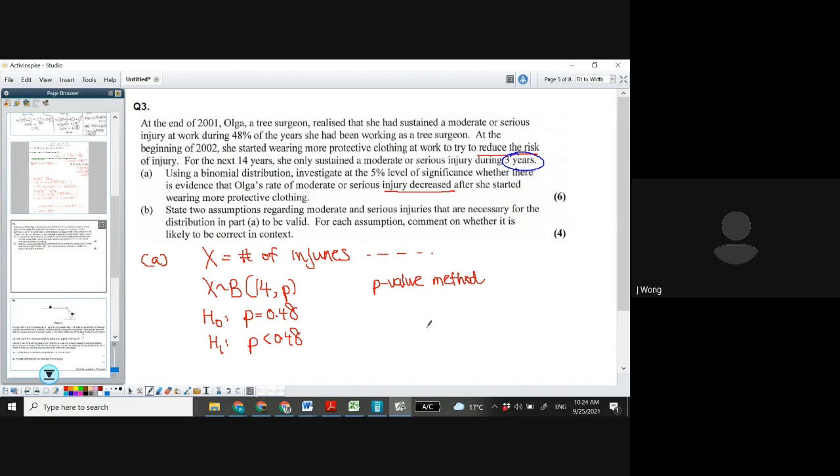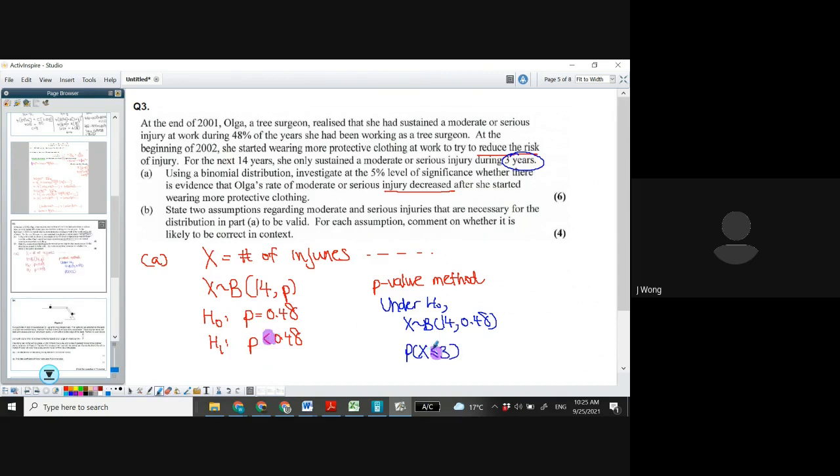And since this is a lower tail, we're just going to work out anything less than or equal to this number. So p-value stands for probability value. So the probability that we have under H naught, which means I'm going to substitute p as 0.48 into this model. We'll say X is binomially distributed with 14, 0.48. I'm just going to work out this probability. Okay, so lower tail.